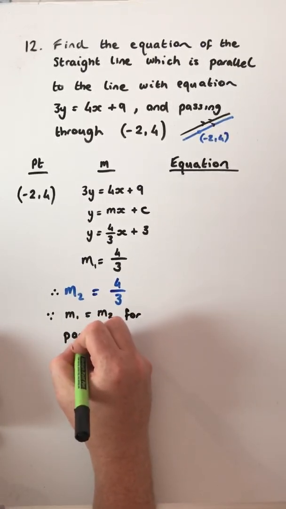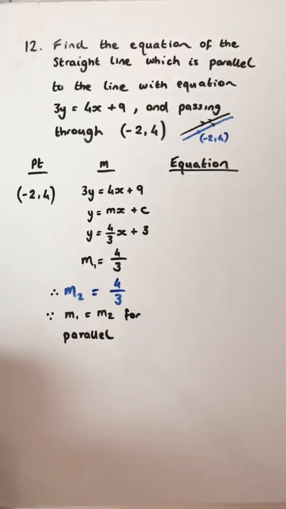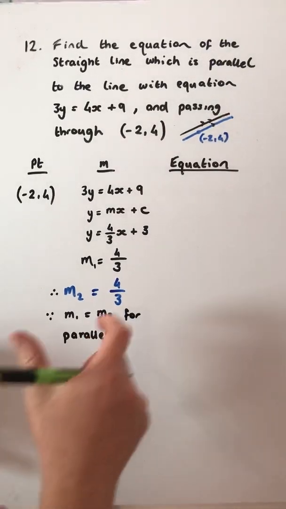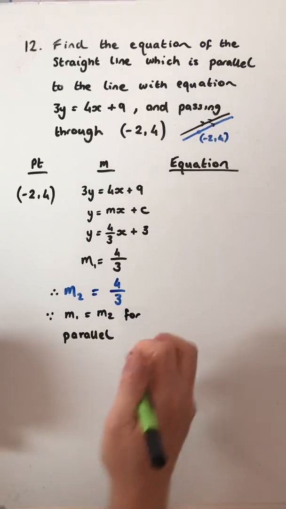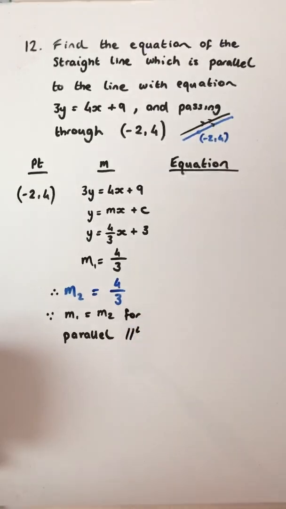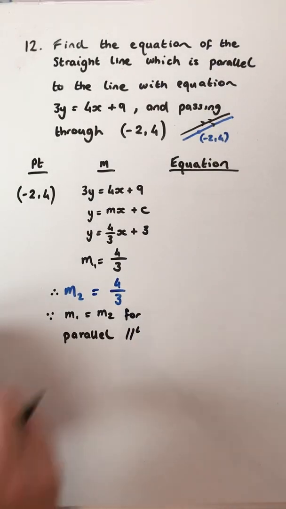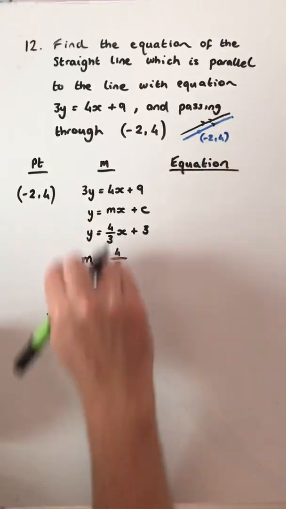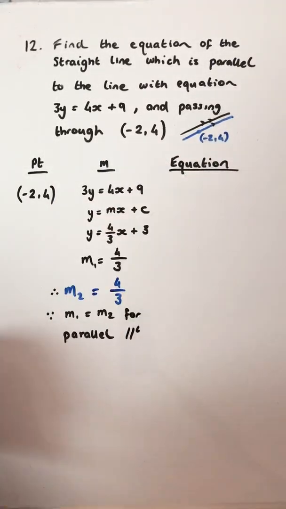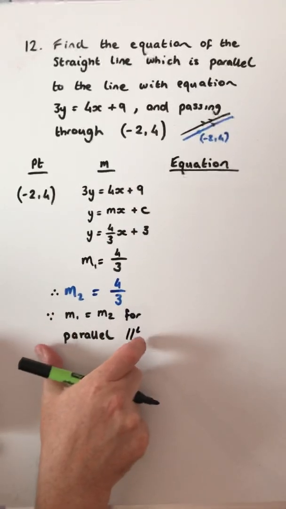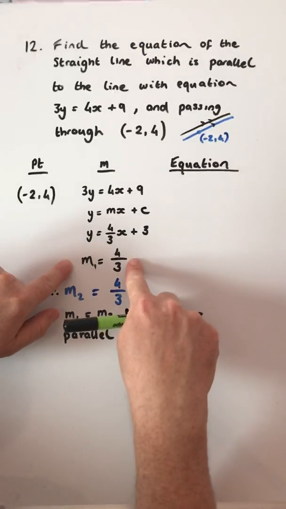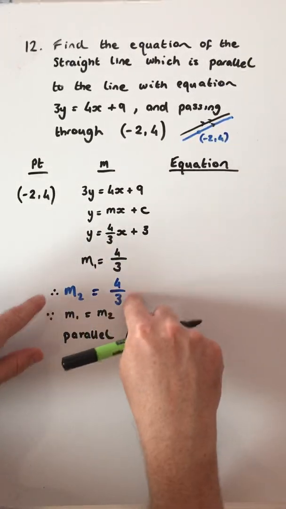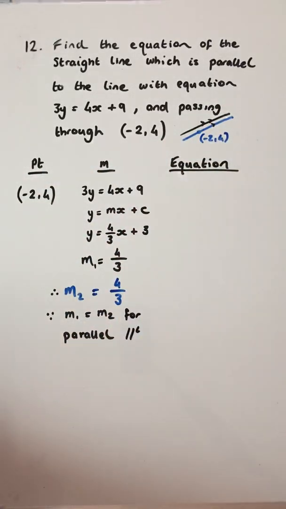Now, the more communicating you do, the increased chance you'll get all the marks. You can do an abbreviation for parallel. We can do that there. So a lot to do there, but this is your thinking step, this is your communicating that it's the same, and the knowledge that you know that the gradients are the same. You can't just use that one. You have to say that the one for the line we're trying to find is exactly the same.